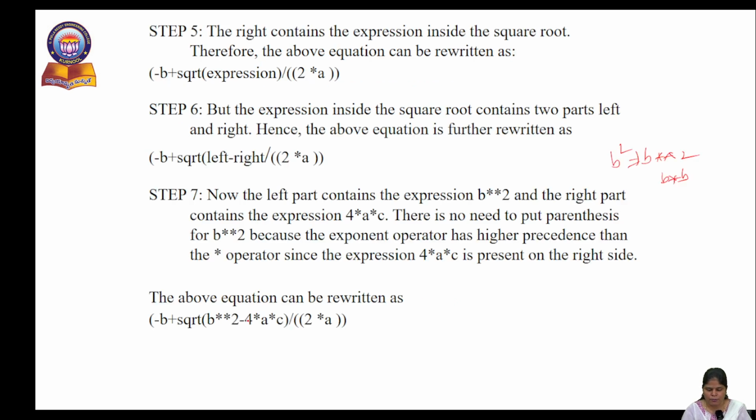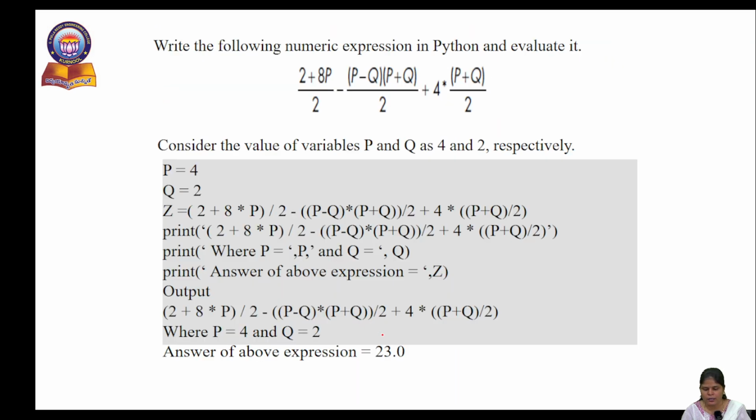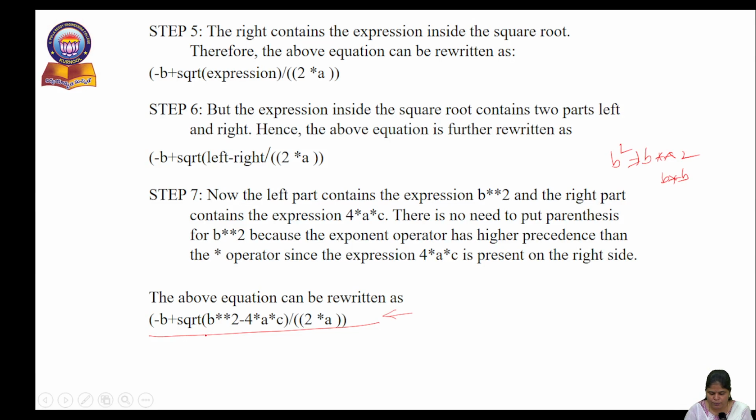Now how will it be evaluated? This is a Python expression we got, right? The same mathematical expression, but in Python notation. So it has to be evaluated. The first precedence is this, it has to be evaluated first. The next precedence is this, the second precedence, and the third precedence is this.